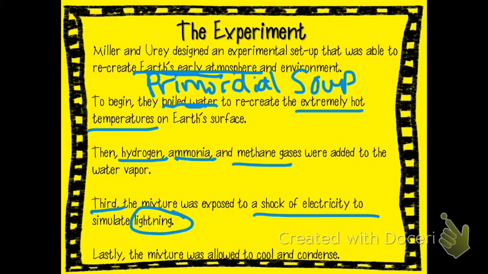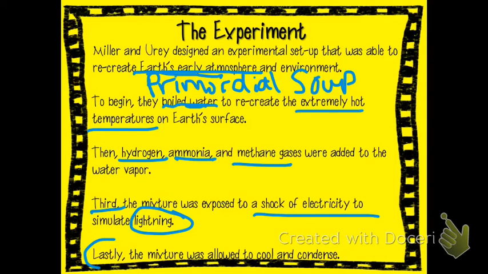This simulated lightning. Like I said before, this time in Earth's history was very tumultuous, with lots of lightning and electric activity. They added this to add energy into the experiment.